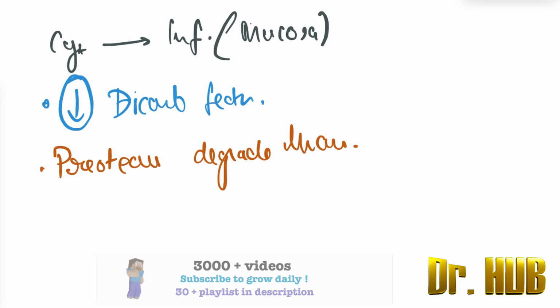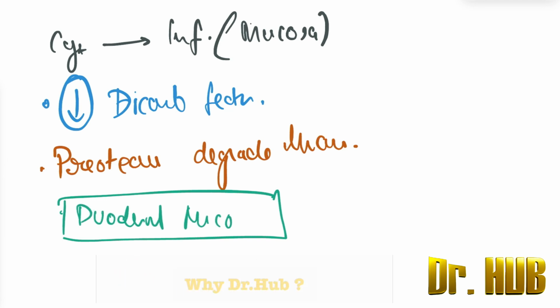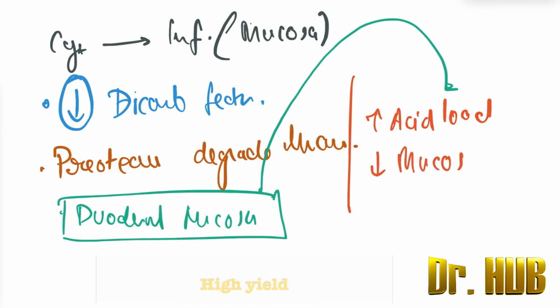So this was about the effect on the duodenal mucosa. The duodenal mucosa is affected by all these causes, which lead to an increase in the acid load as well as a decrease in the mucosal defenses.